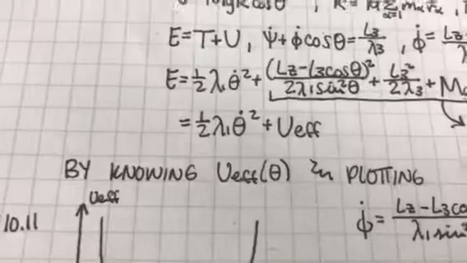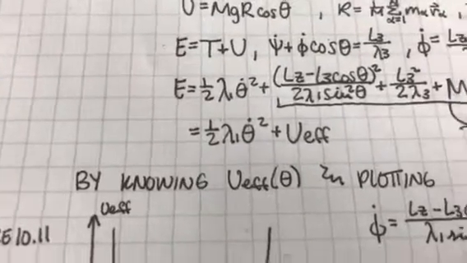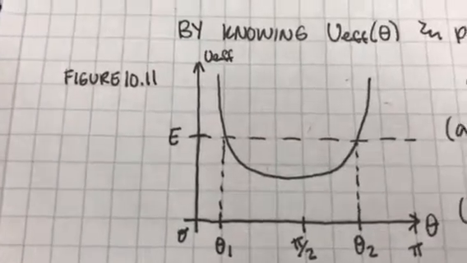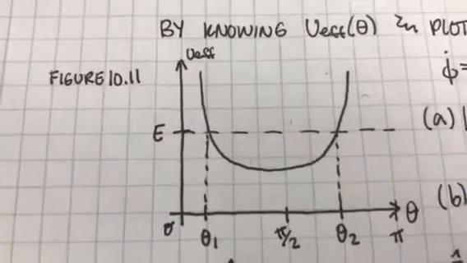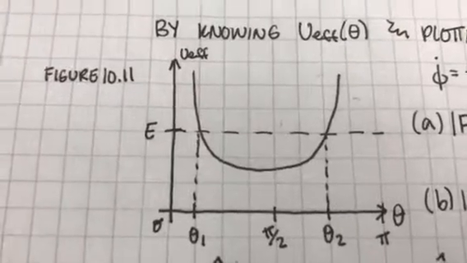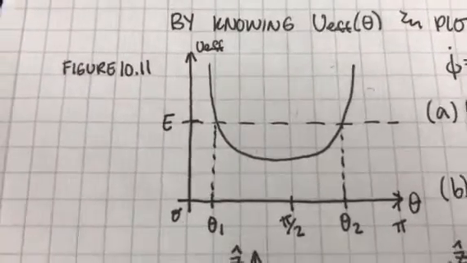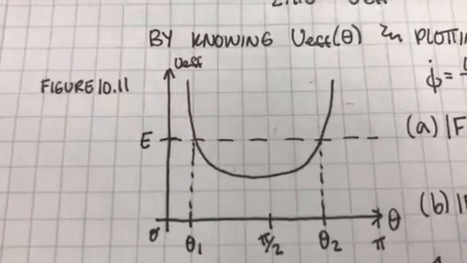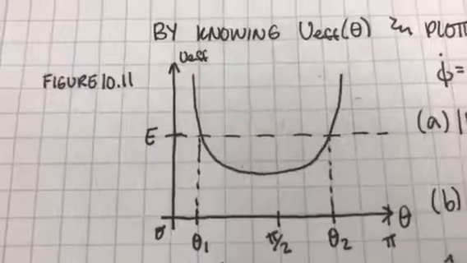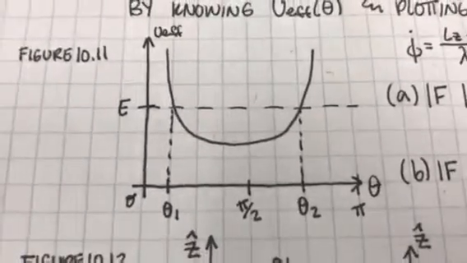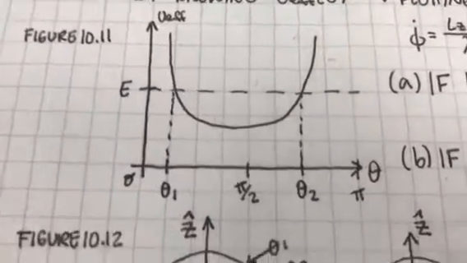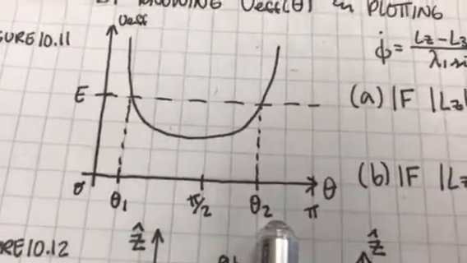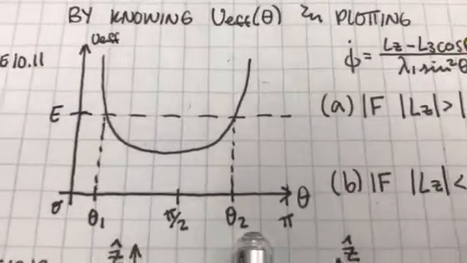And by knowing effective potential energy with respect to theta and plotting versus theta, you get this figure, which is figure 10.11 in John R. Taylor's classical mechanics book, where if you also plot the total energy along this effective potential vertical axis, then you get where they cross at theta 1 and theta 2. So these are our two values which theta oscillates between.